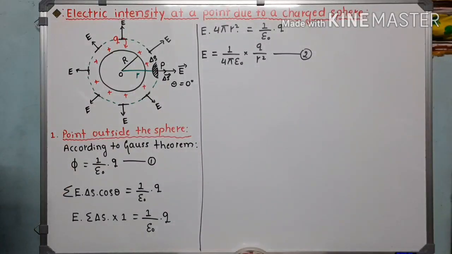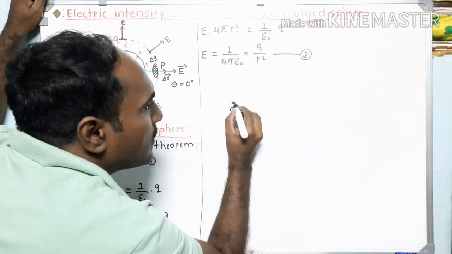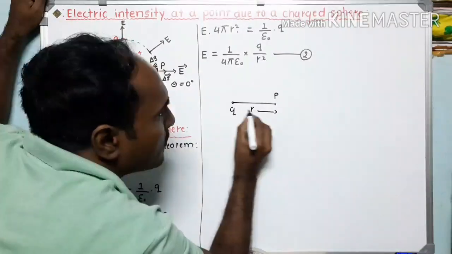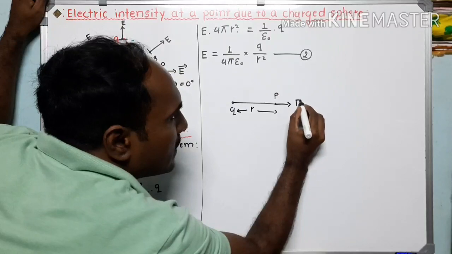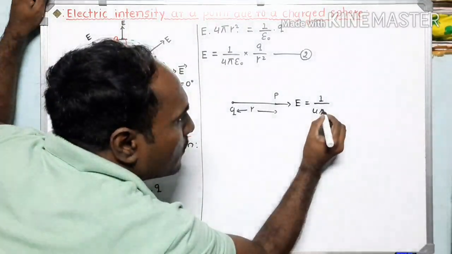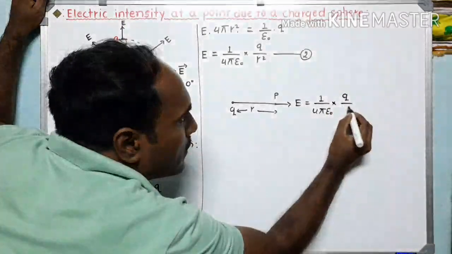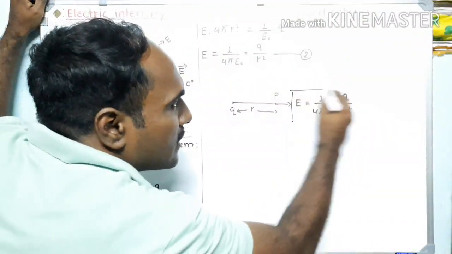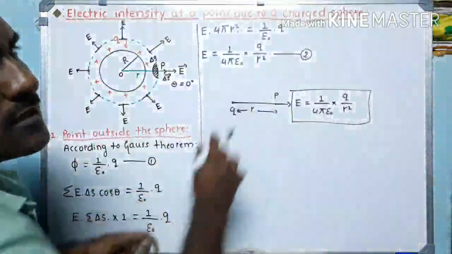And one more important point is, consider a point charge Q. Let P be a point at a distance r from the point charge Q. Then electric intensity at a point P, E is equal to 1 divided by 4 pi epsilon naught into Q upon r square. See here, this expression and this expression, both are same.